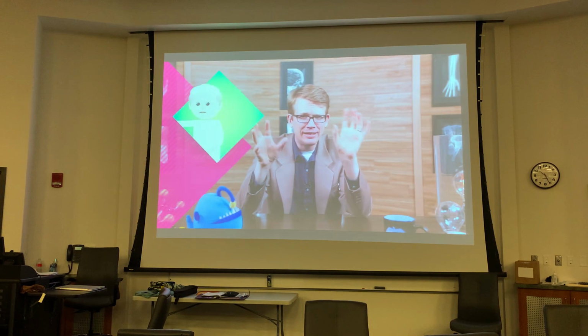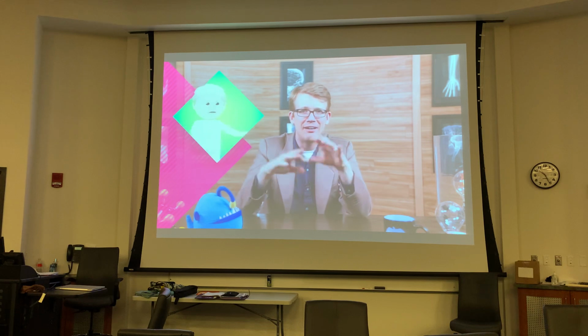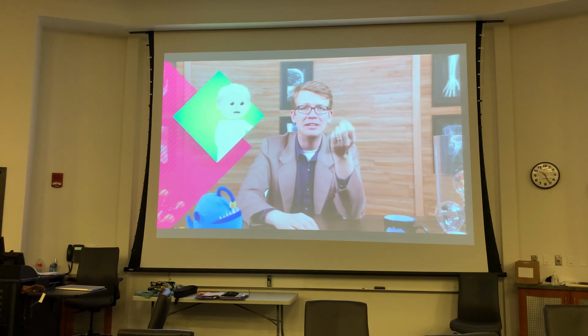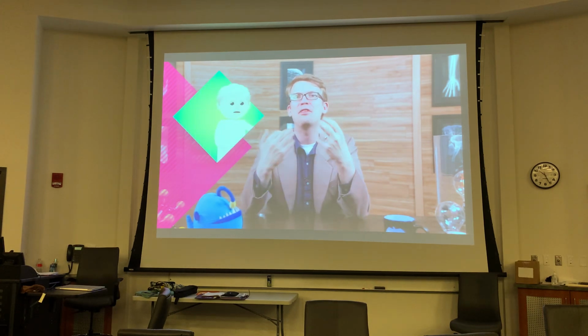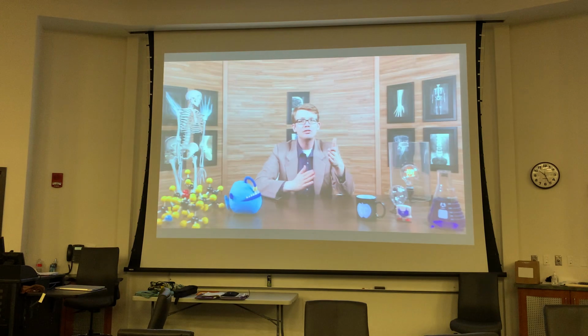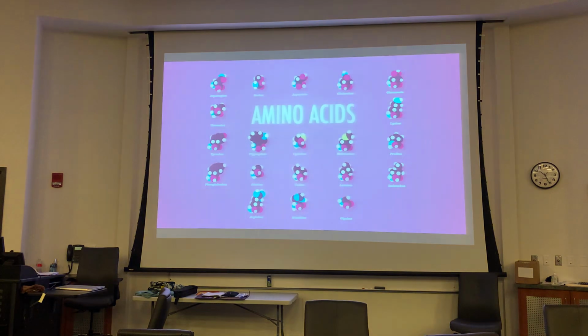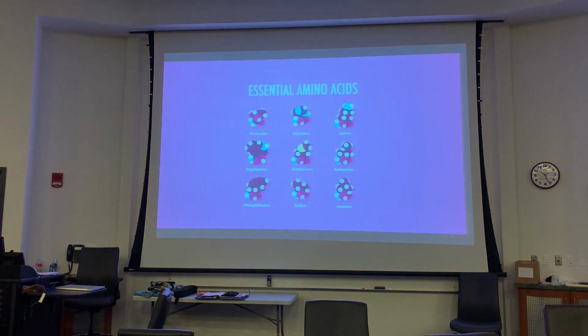Each cell is like a picky little Gordon Ramsay, and it has to have every amino acid needed, every ingredient present before it will even think about starting to make a protein. And just like with your lipids, your cells can improvise and convert some amino acids into others if they're missing an ingredient. However, there are 9 essential amino acids that you cannot make from others and have to eat.